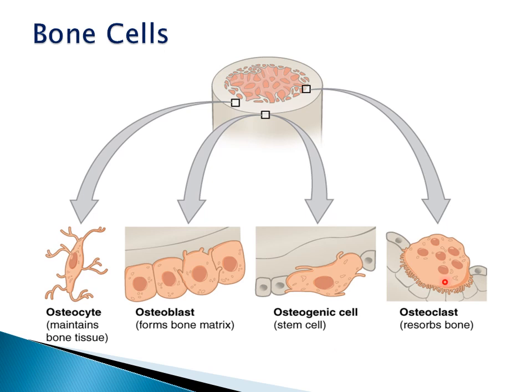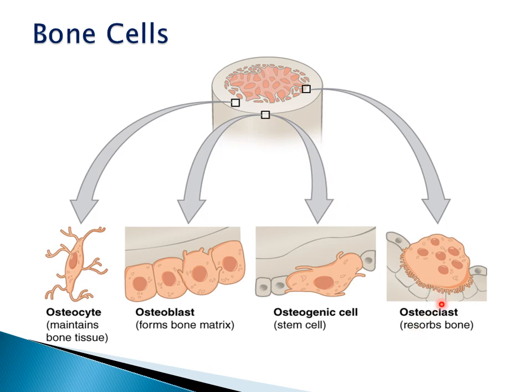The other type of the cells are the osteoclast cells. These osteoclast cells are the large multi-nucleated giant cells. They have one edge, the ruffled border, and they are located on the inner side, in the resorption bay.